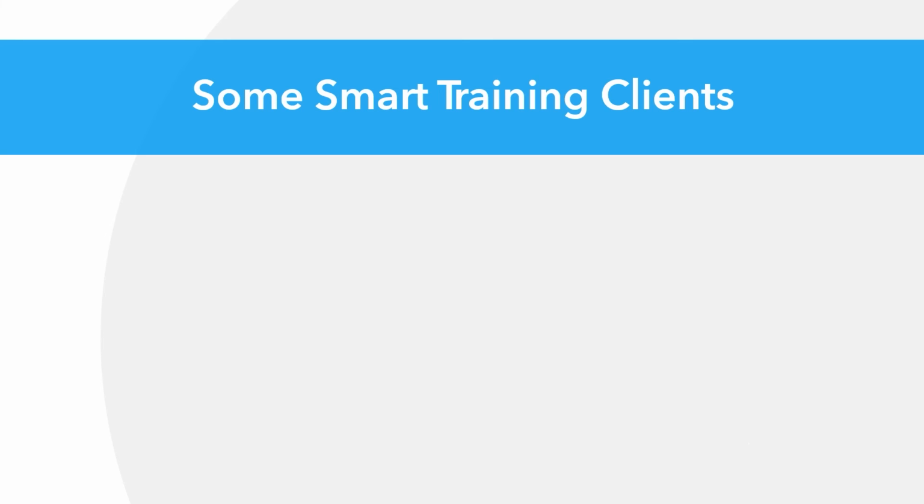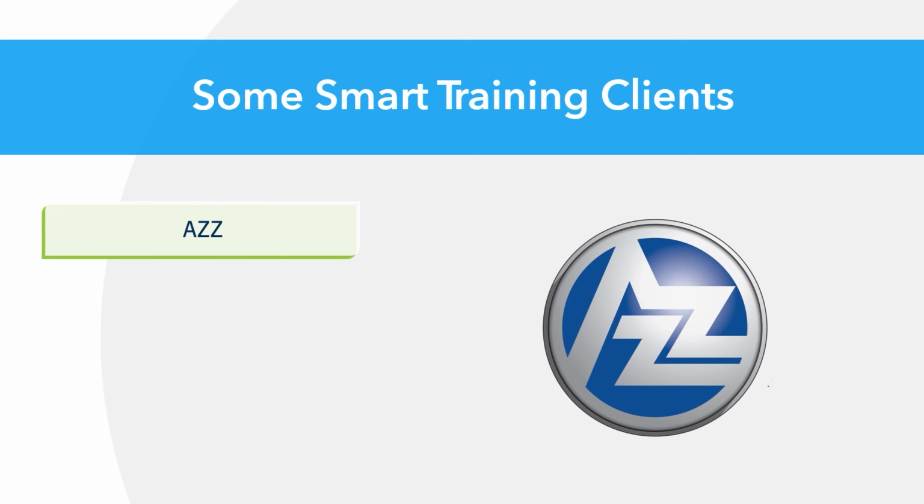So let's talk about some current Smart Training clients and the work we perform for them. All of these folks use our LMS as a matter of course, and I think they've found us very response-oriented when there's a service issue or a problem. The first is AZZ. This is a galvanizing operation. They run more than 50 plants across North America, in the United States and Canada.